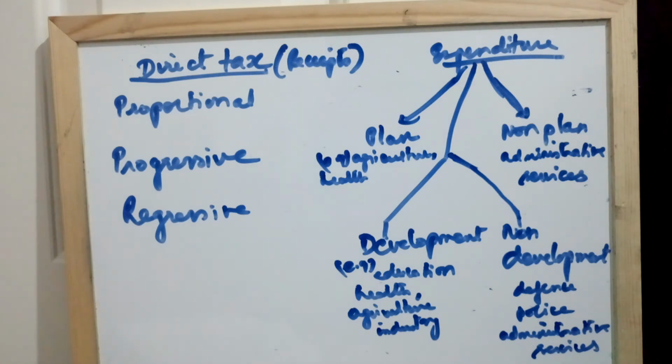So through this we identify which category the expenditure comes under. So that helps us to discuss the budget. So when experts discuss the budget, they discuss the necessity of the money spent on the different areas.